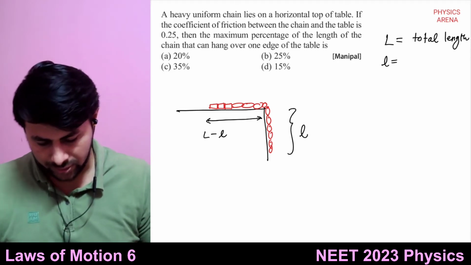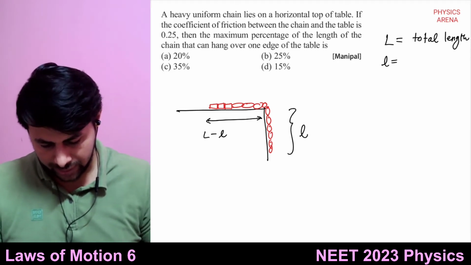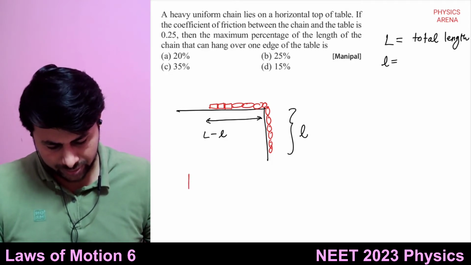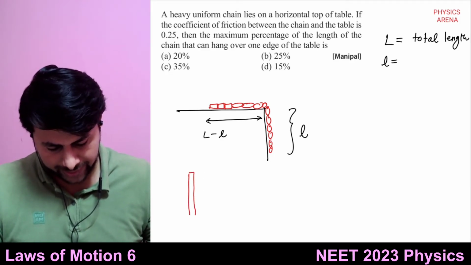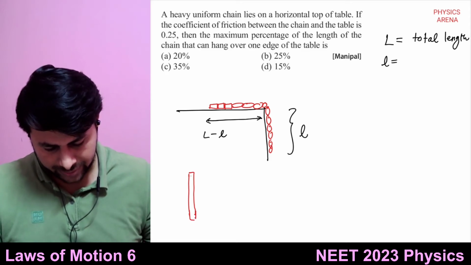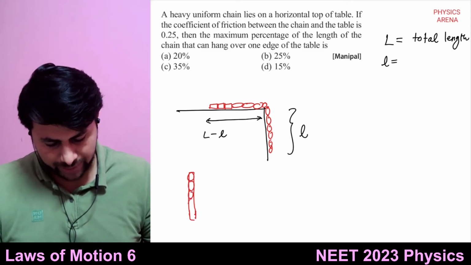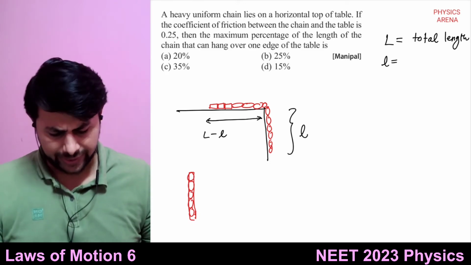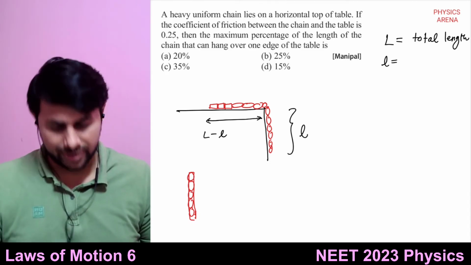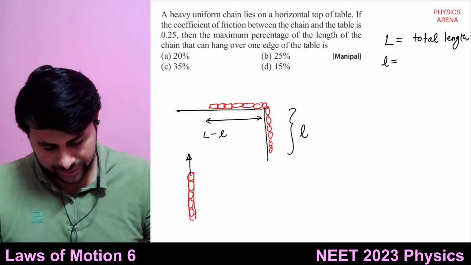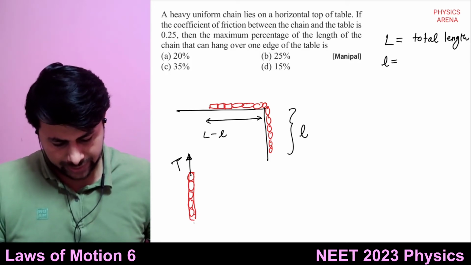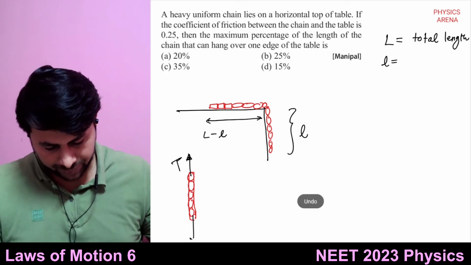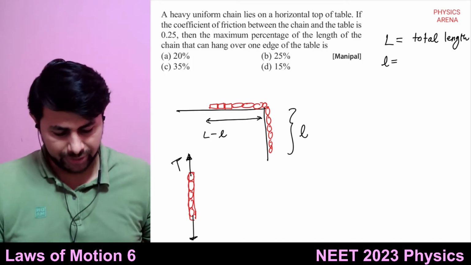Okay, so now let's talk about this part which is hanging. What are the forces acting on this part? There is tension along the chain which is acting upwards, and there is the gravitational force which is acting downwards. So how much would be the gravitational force?